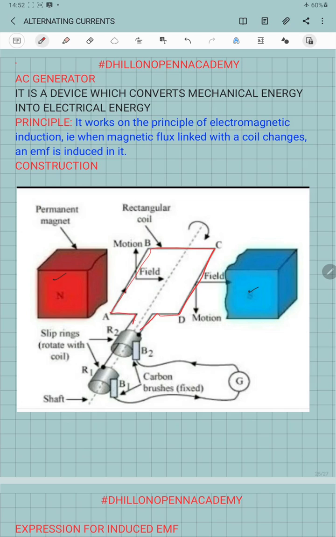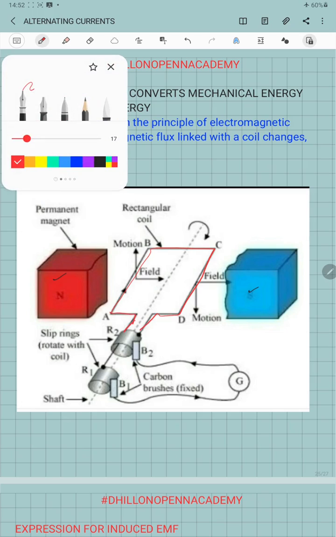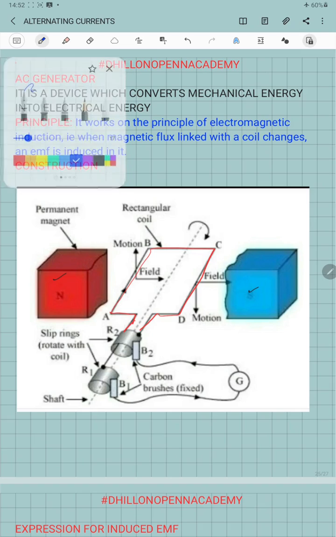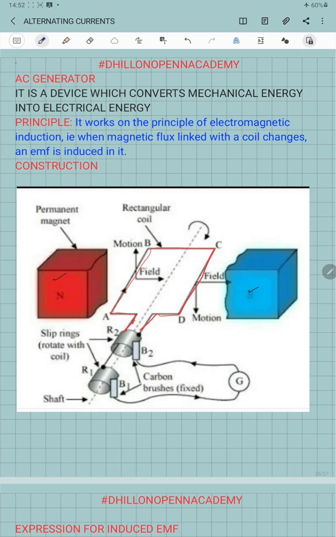The two ends of the coil are respectively connected with two rings which are known as the slip rings. For example, in this figure, end A is connected to the slip ring R1, while end B is connected to the slip ring R2.